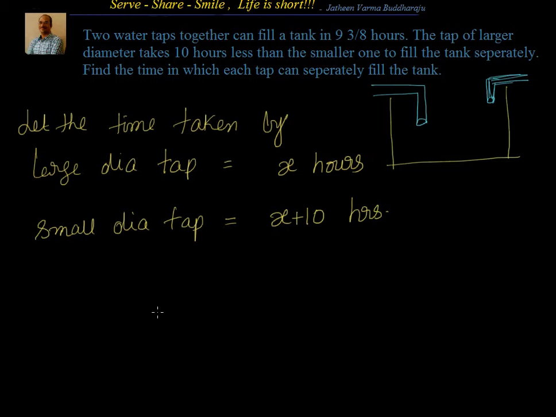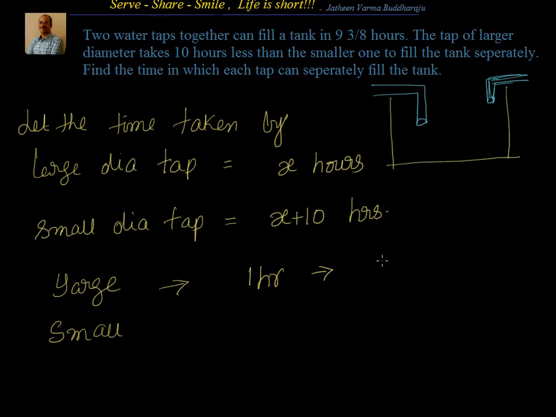Okay, right. Now if the large diameter tap takes x hours, in 1 hour how much part of the tank will be filled? Let us understand that. Let us first do the large one, then we will do the small. Large diameter pipe in 1 hour, how much will it fill?